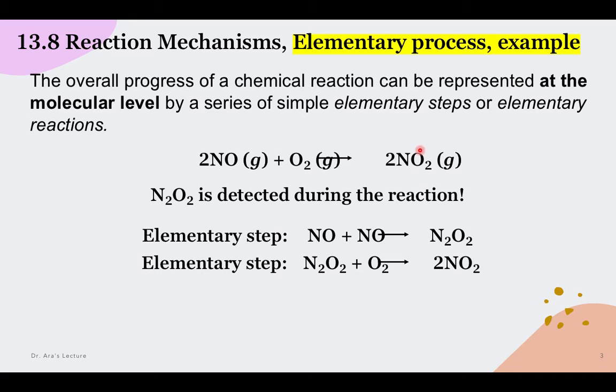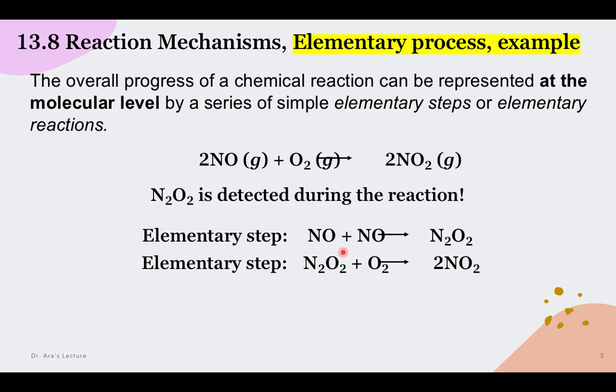But this is the overall reaction with the coefficients. If we look into the overall mechanism, we can see the 2-step reaction. Each step is called an elementary step or process.